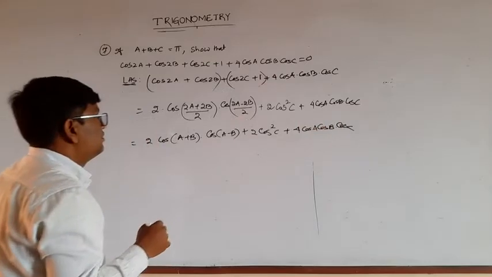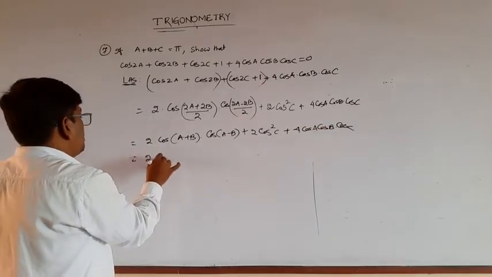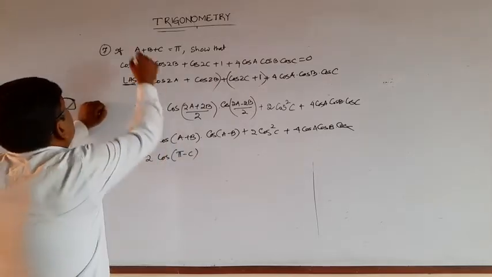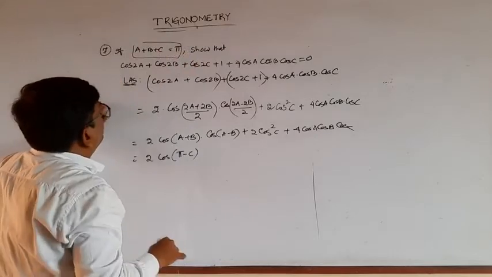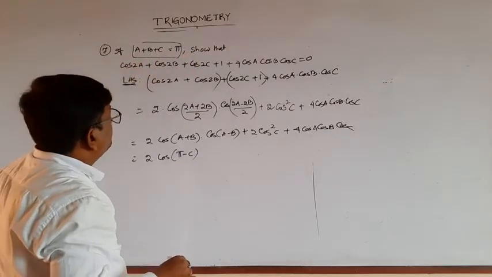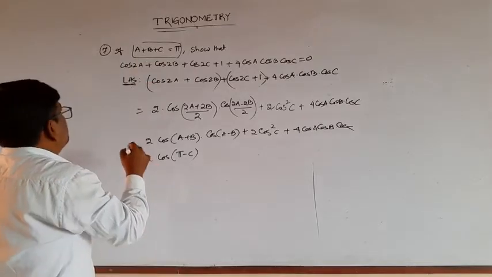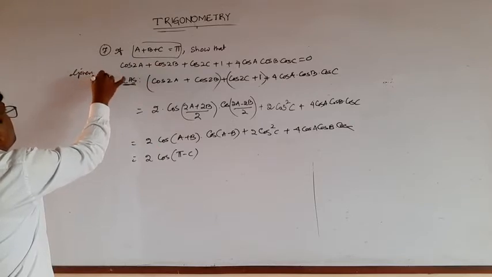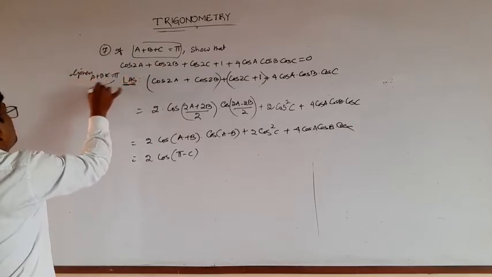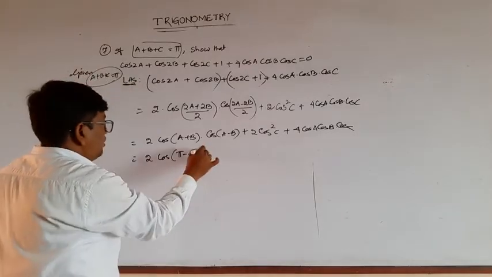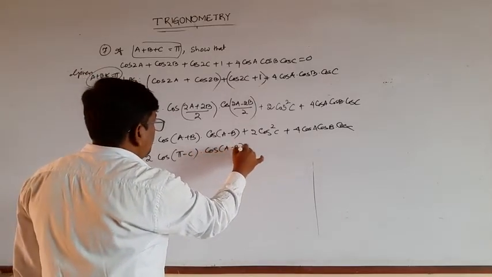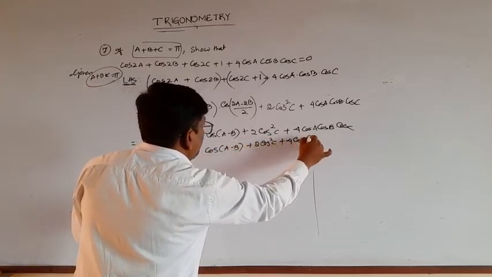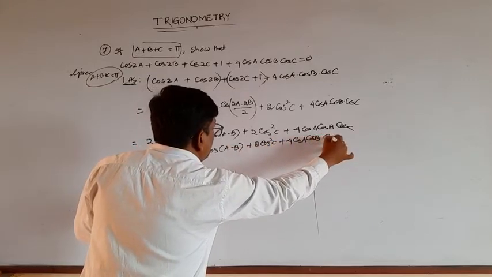So this is equal to 2 into cos of pi minus c. A plus b means what? Given data: a plus b plus c is equal to pi, so a plus b is pi minus c here. So 2 cos (pi minus c) into cos (a minus b) plus 2 cos square c plus 4 cos a into cos b into cos c.